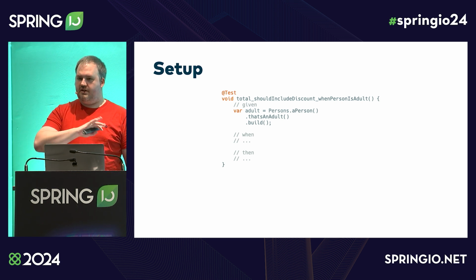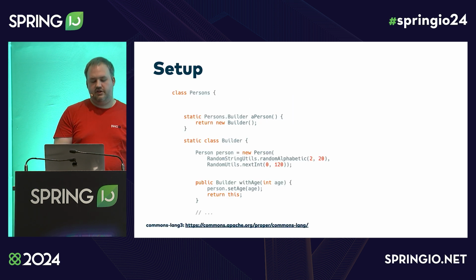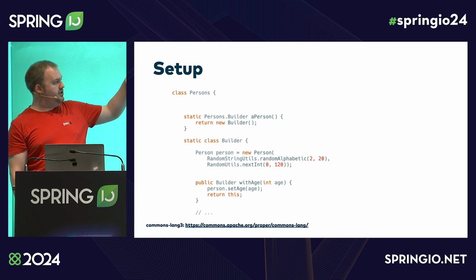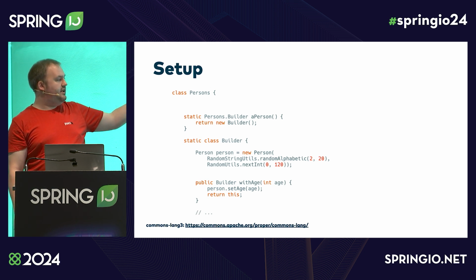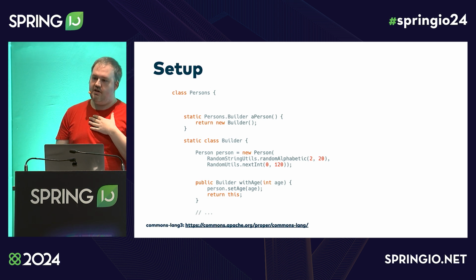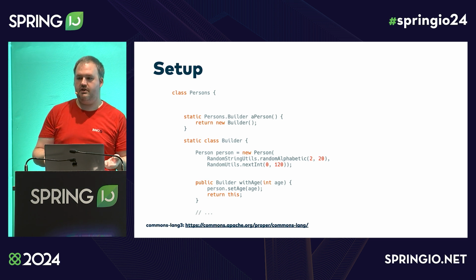And I've implemented these patterns in multiple ways in multiple projects. For example, you can write this person's class, you have a person's builder, and in this builder you need to construct your person. And what I like to do is not use fixed values for the initial person. I use randomness.